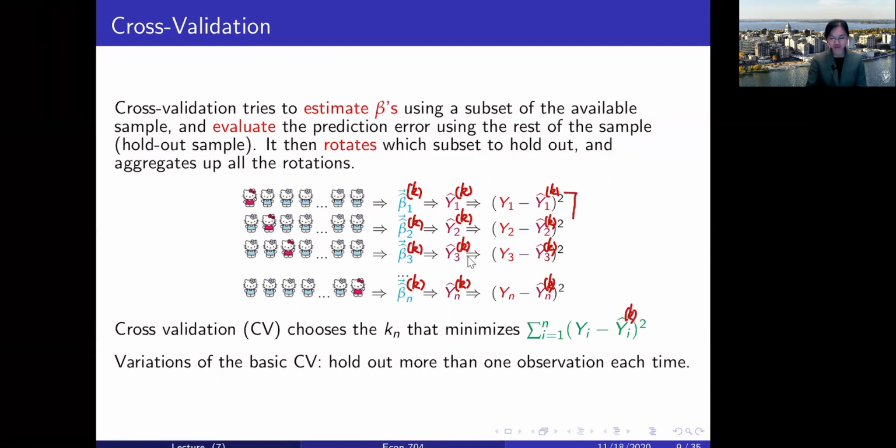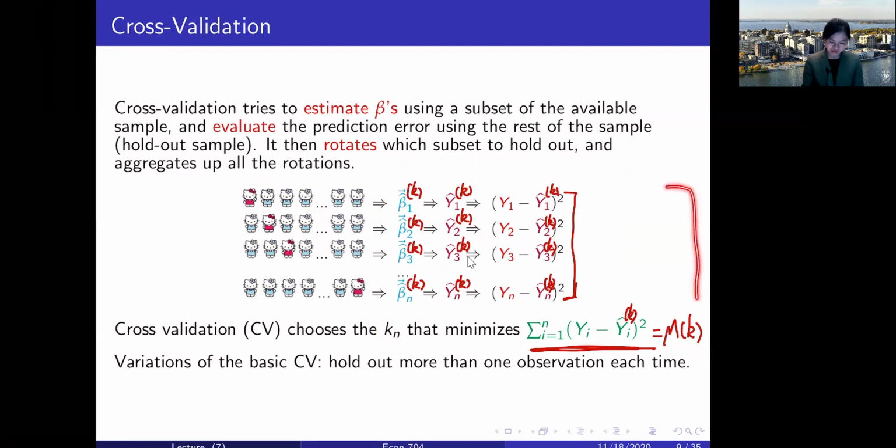You add all these n holdout samples up to obtain your cross-validation criterion function. You calculate this criterion for a number of different K values and choose the K to be your Kn that minimizes this criterion function.